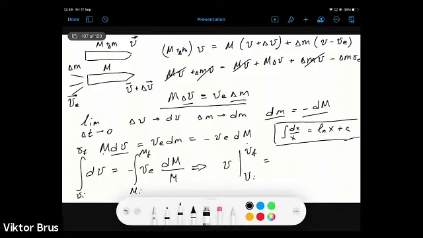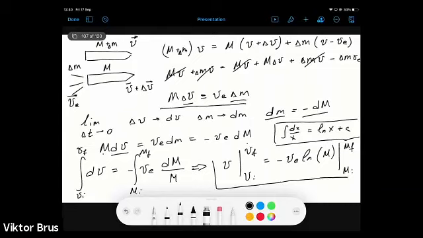So when we have an indefinite integral, but here we have a definite integral, so it will be minus v exhaust times natural logarithm of mass M from initial mass to final mass.